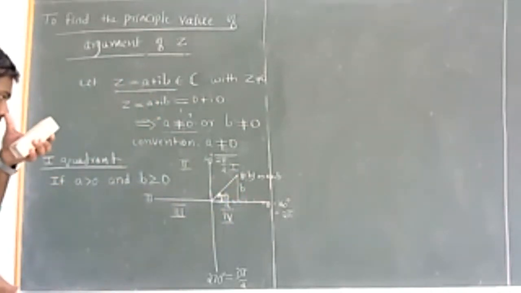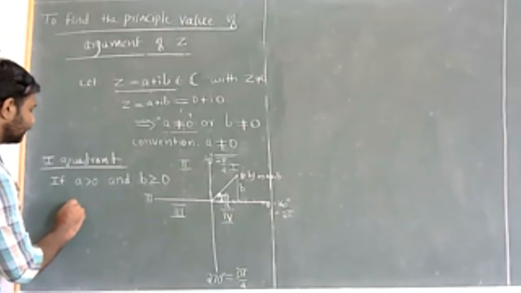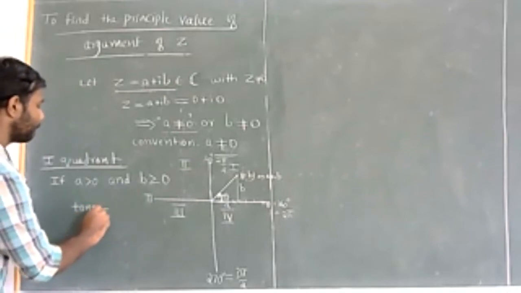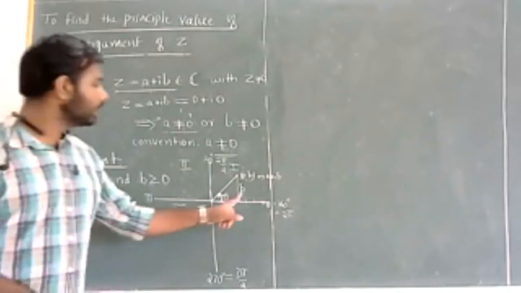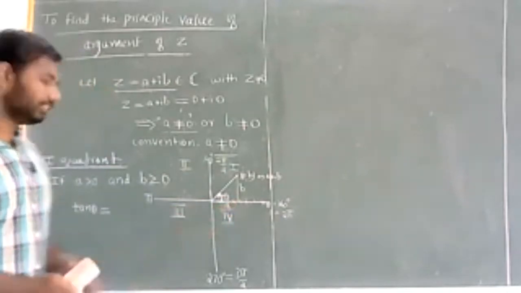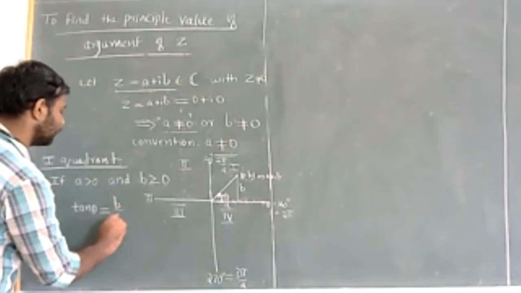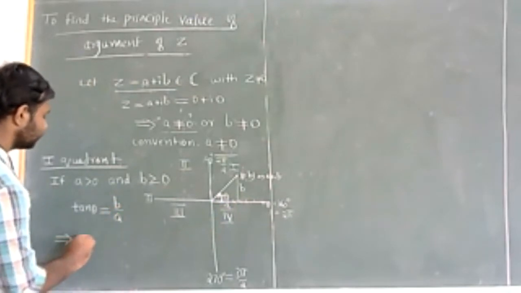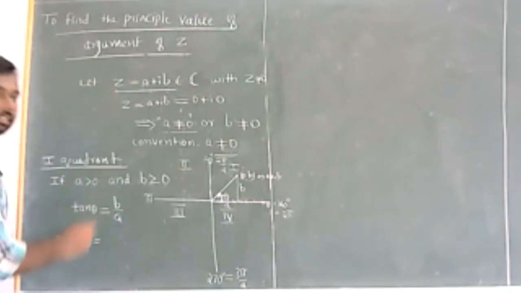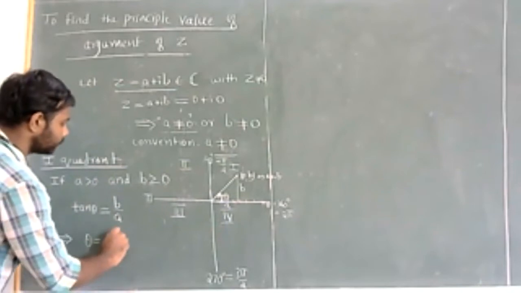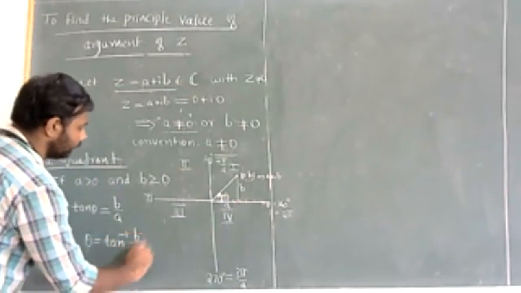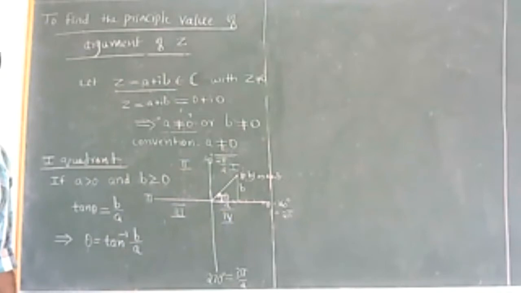So if I consider tan theta, tan theta is opposite by adjacent. So theta will be tan inverse of b by a.